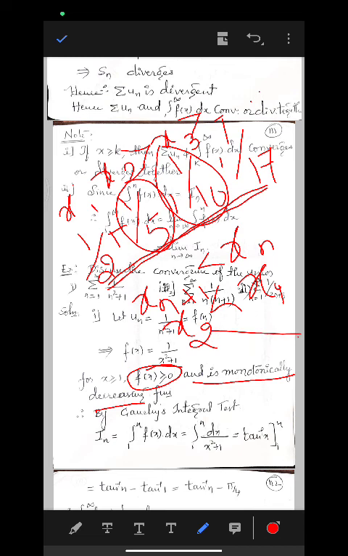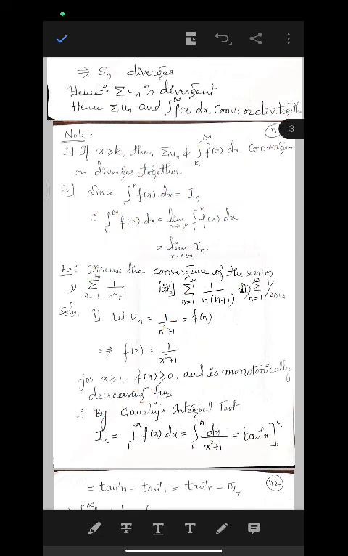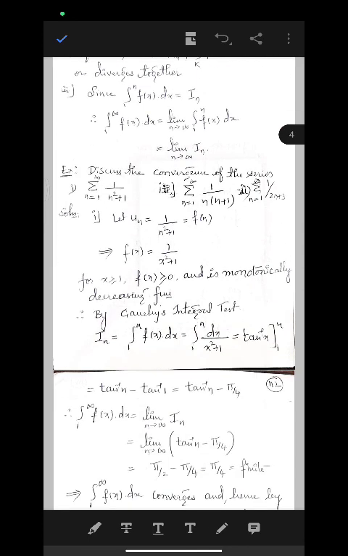Understood how we need to verify the given function? For x greater than or equal to 1, f of x must be greater than 0 and it should be monotonically decreasing. Is that clear everyone?